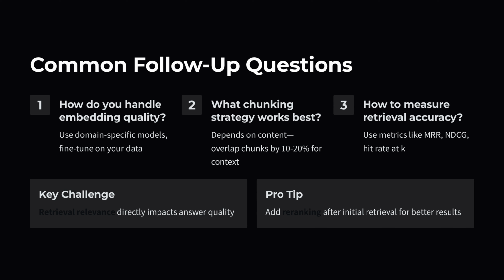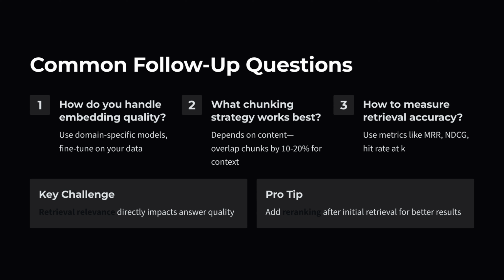If they ask about chunking strategies, explain that the best approach depends on the content, but a small overlap, around 10%, helps preserve context. For measuring retrieval accuracy, mention metrics like MRR or hit rate at K, which tell you whether the retriever surfaces the right documents.